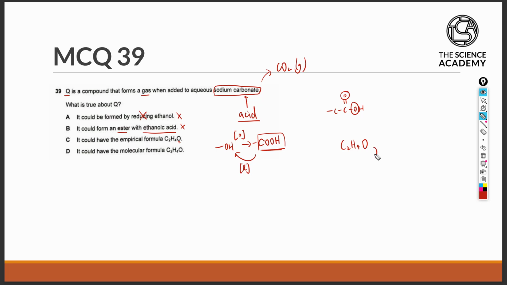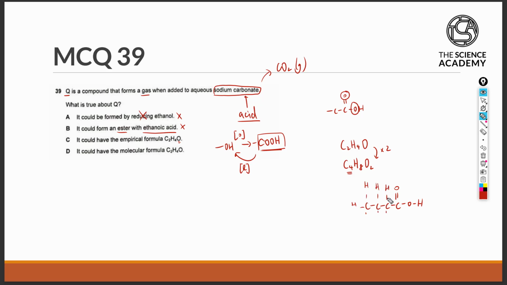Let's try to multiply the entire molecule by 2 to get at least 2 oxygen that is present in the compound. This gives us the molecular formula of C4H8O2.